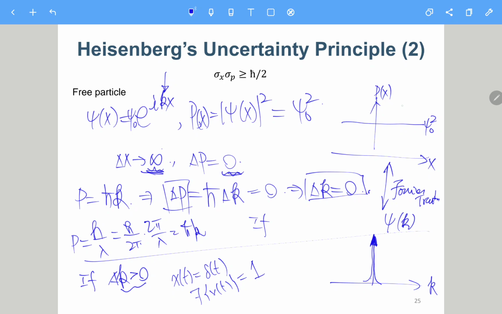If you take the Fourier transform of a constant function in the frequency domain, it becomes a delta function. Of course, you multiply by factors, 1 over 2 pi, something like that. So actually, this is something like the Fourier transform pair in the x domain and the k domain.